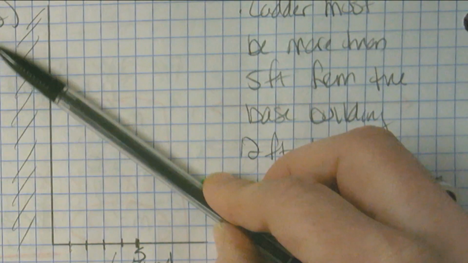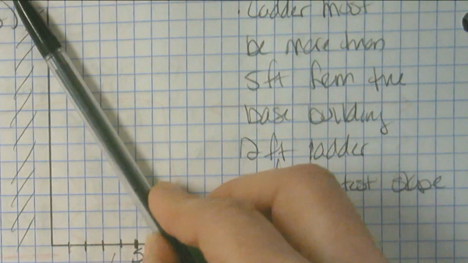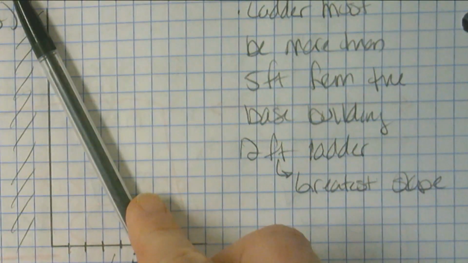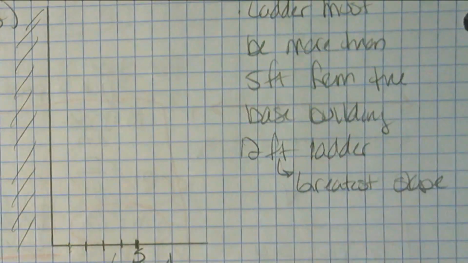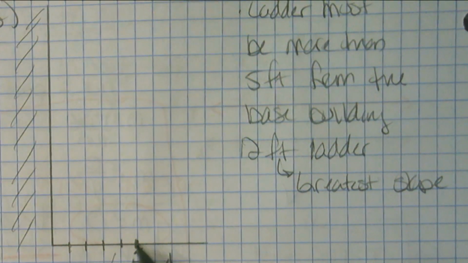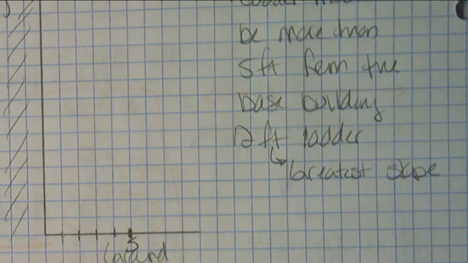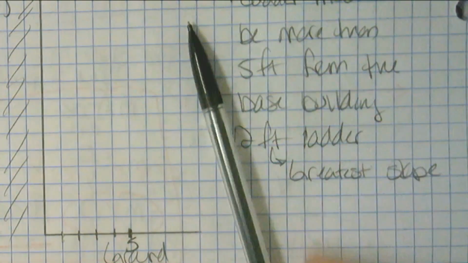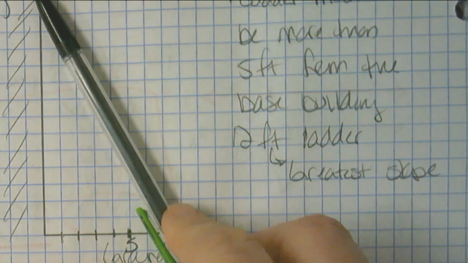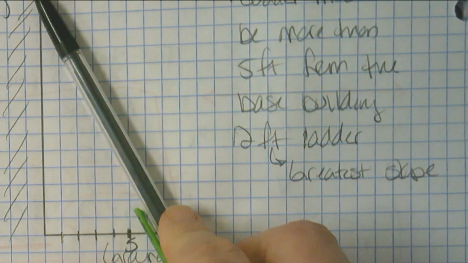As I get the base of my ladder closer to the building, what happens to my slope? Melissa? It increases. So, we know the base of my ladder can't be any closer than 5 feet to the building. So where does the base of my ladder have to be so I have the biggest slope?